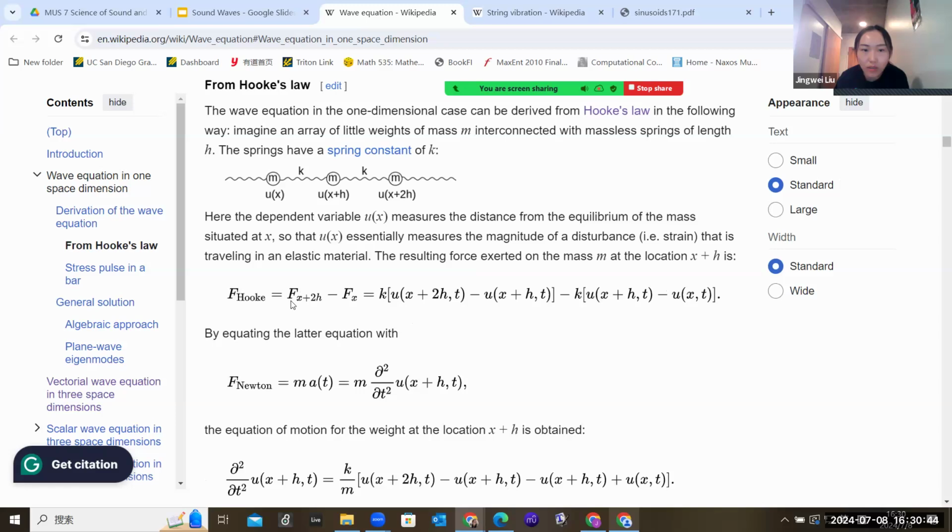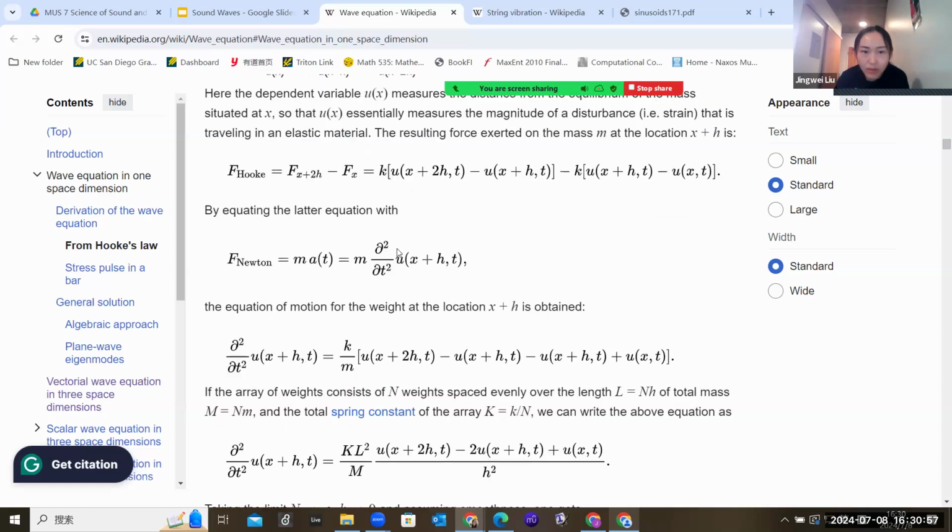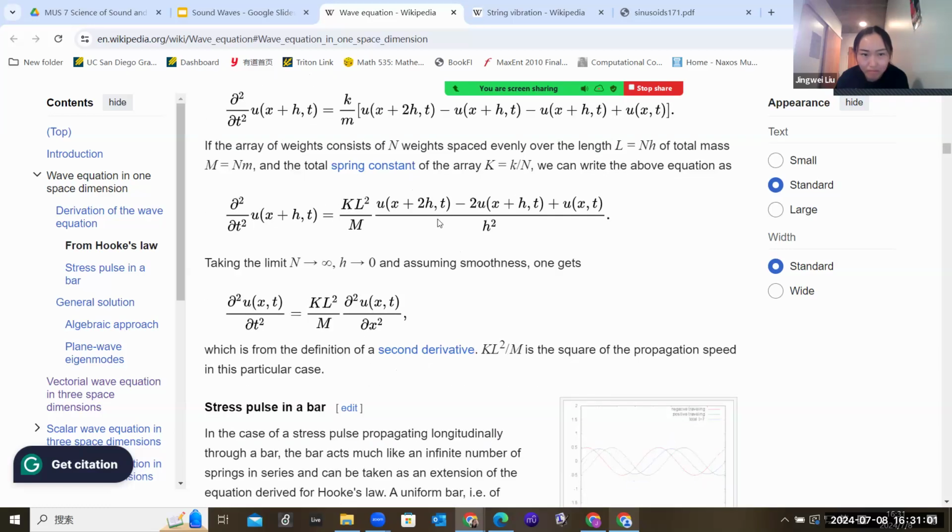Therefore, they can write out the F here as k times the distance of the position, and then doing some algebra, you arrive at this expression, etc., and you reach this expression of the wave equation.